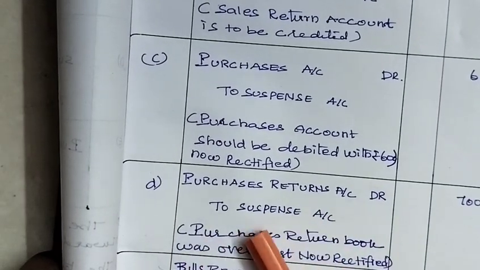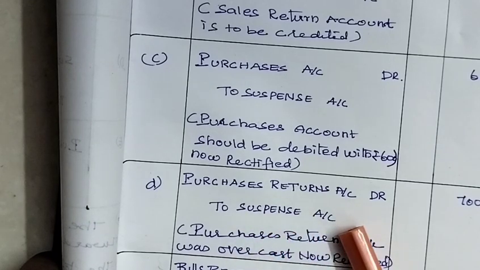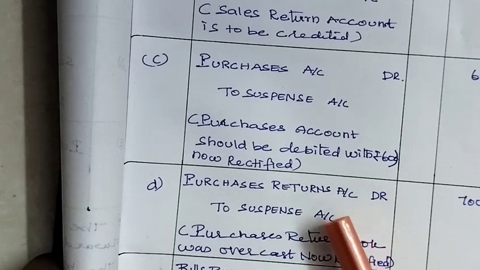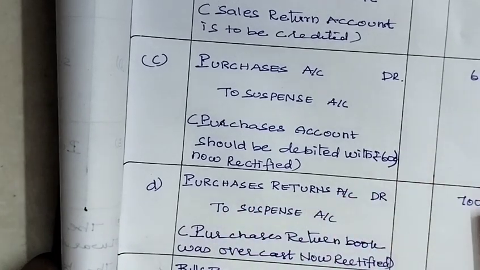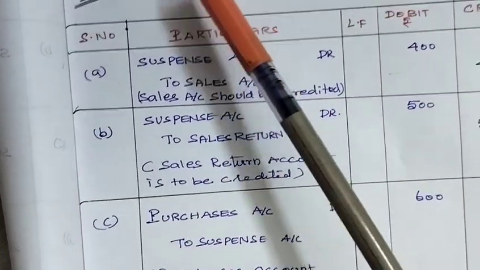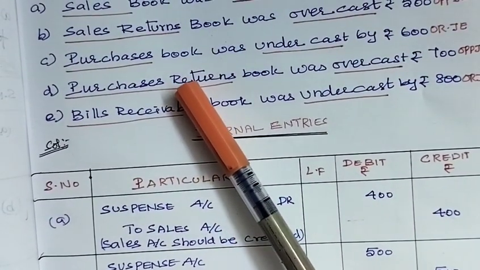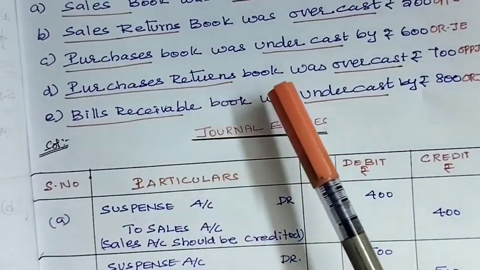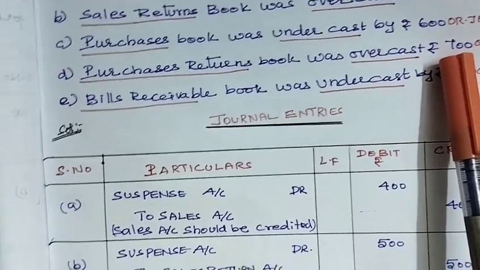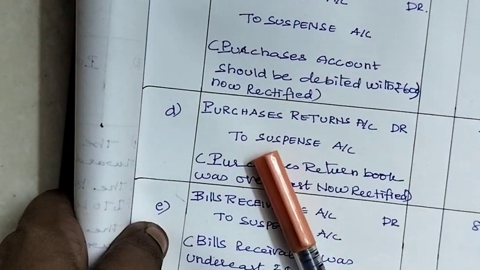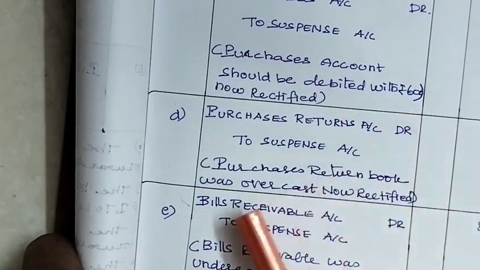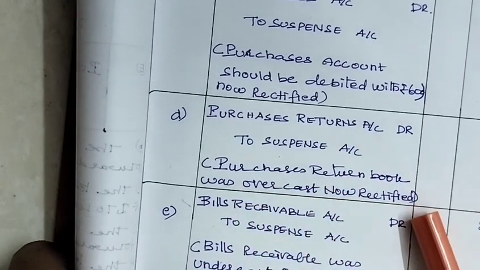You have to use the suspense account on the credit side, to balance the trial balance. The purchases return was overcast rupees 700; we debited the purchases return account, and now it is rectified.